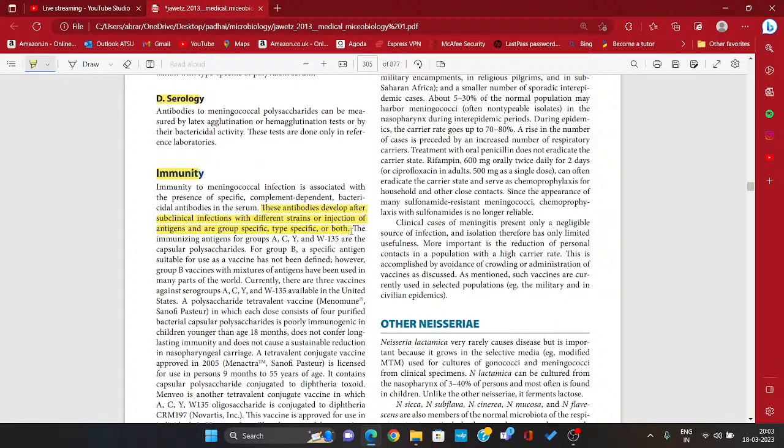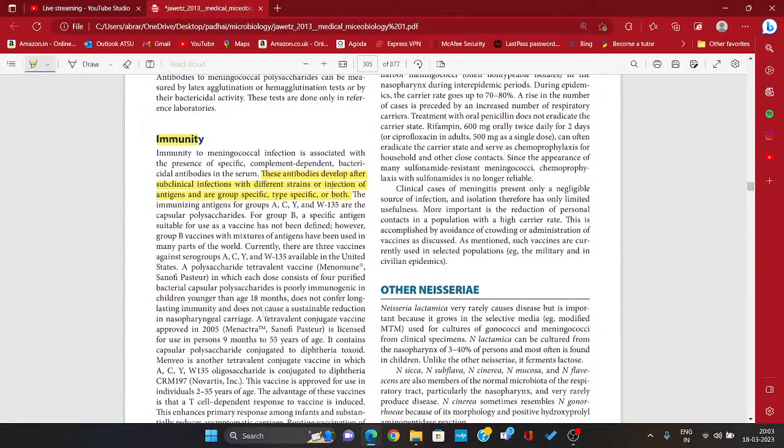The immunizing antigens for groups A, C, Y, and W135 are capsular polysaccharides. For group B, a specific antigen suitable for use as a vaccine has not been defined. However, group B vaccines made from mixtures of antigens have been used in many parts of the world.